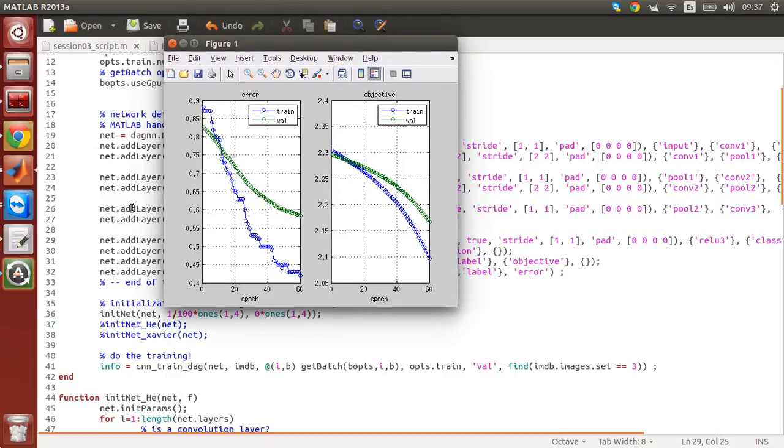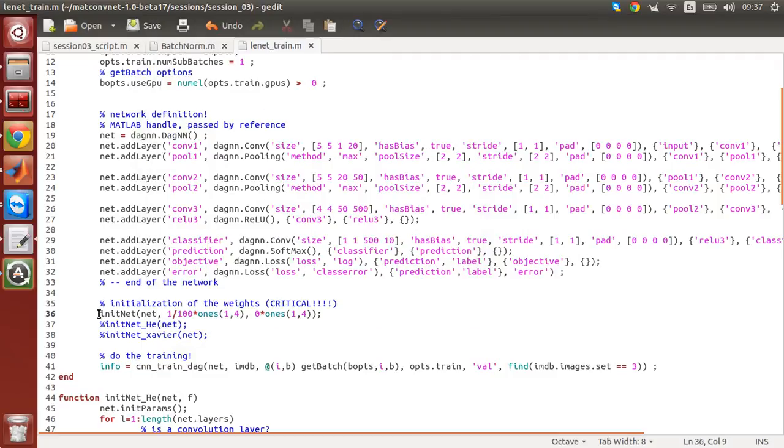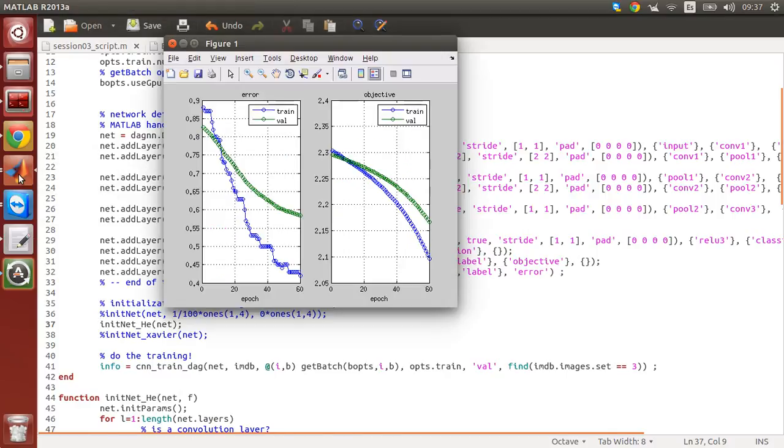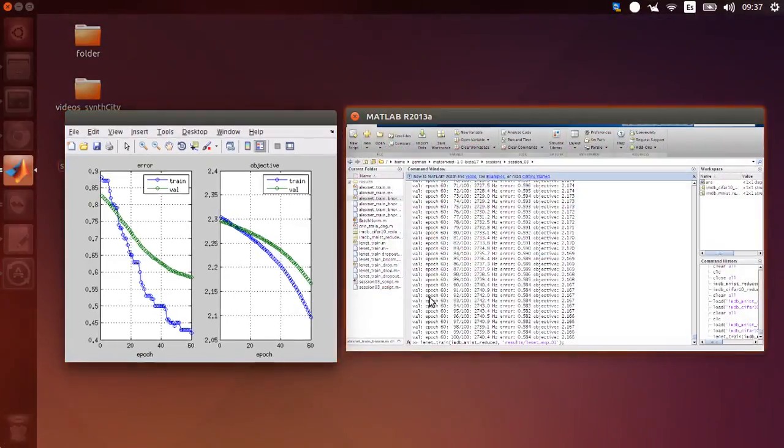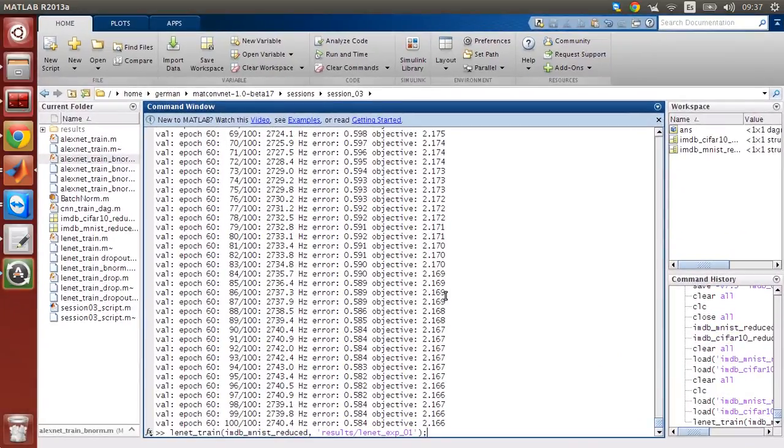But now let's see what happens when we change this basic initialization to something more complex. So let's comment this line and uncomment this line. It's going to be experiment 2 using Hay initialization.